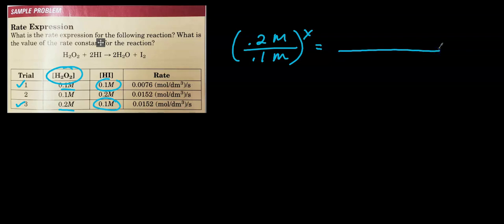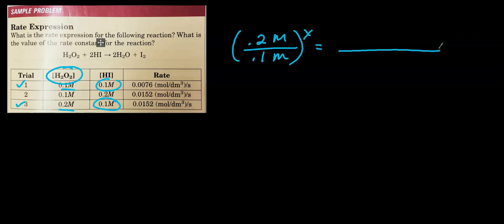So that looks like we're going to use experiments 1 and 3, because this is the same and this is changing. All right, so let's set it up again. So we want a ratio of concentrations. I always do bigger over smaller, to the x power, we want to determine what that is and set that equal to a ratio of rates.